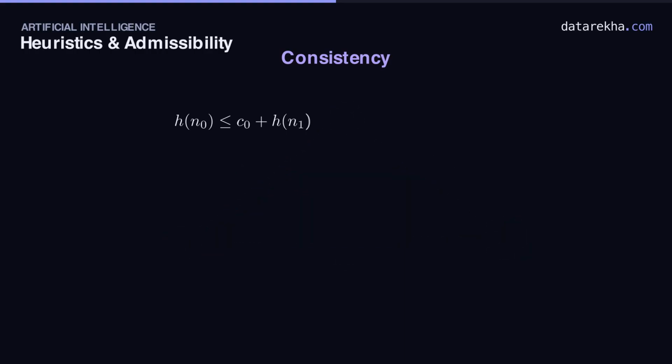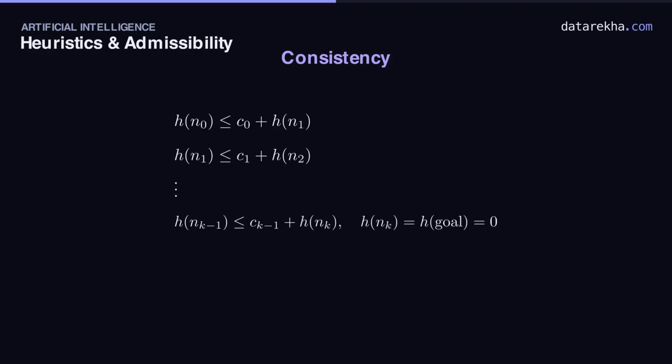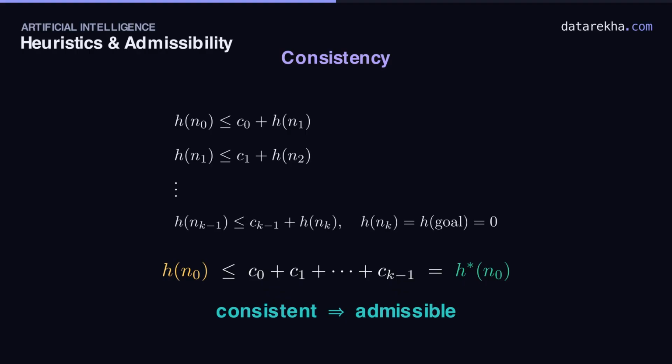And here's the payoff. Walk along an optimal path to the goal and write consistency on every edge. At the very last node, the goal, h is 0. Add all those inequalities and the intermediate h's cancel, telescoping down. What survives is h at the start, at most the total cost along the path, which is exactly h*.